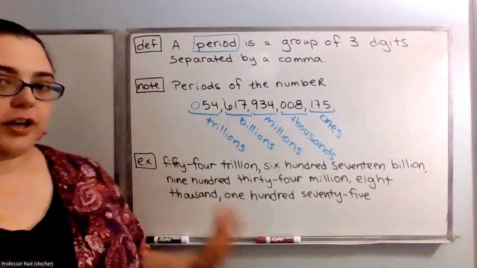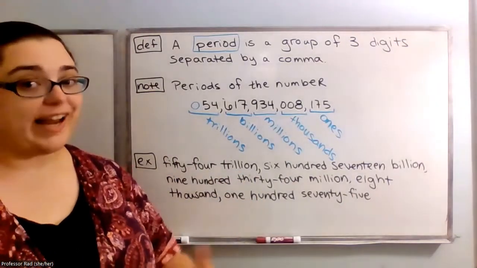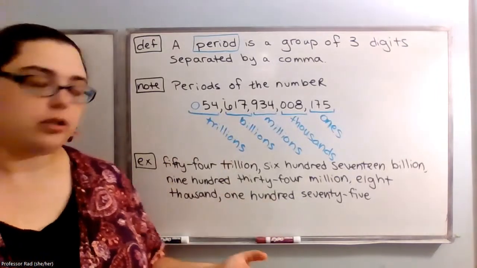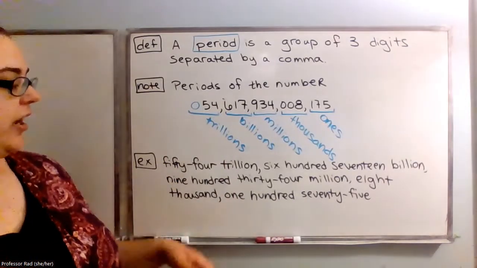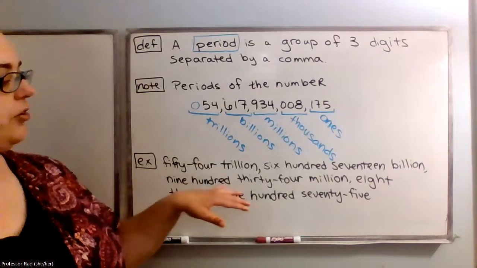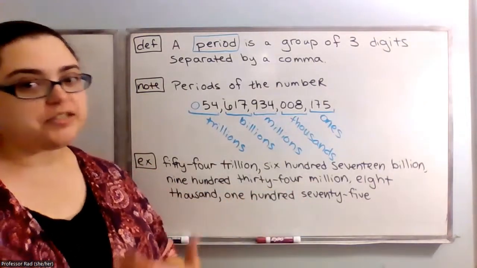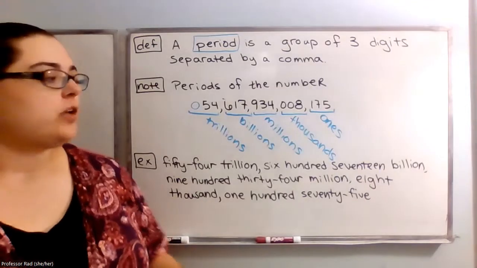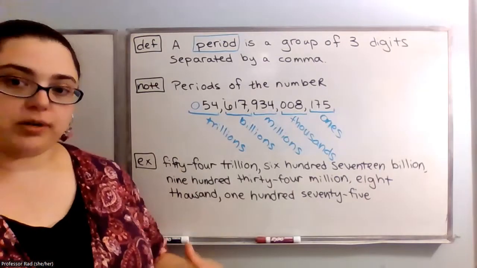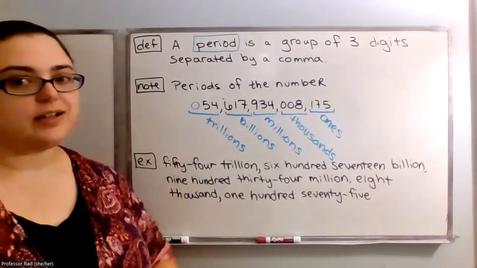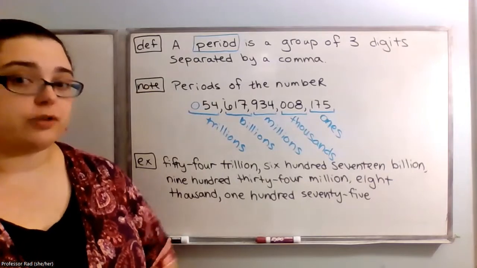The other thing I wanted to mention is notice that the word and doesn't show up at all. I didn't say, for example, 934 and million. This is because we're going to reserve the and for a decimal point in the future. So when we're writing out the name of a whole number, we do not use the word and, because that's going to indicate where a decimal point goes in the future.